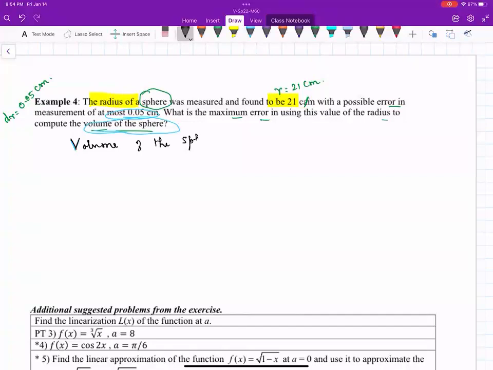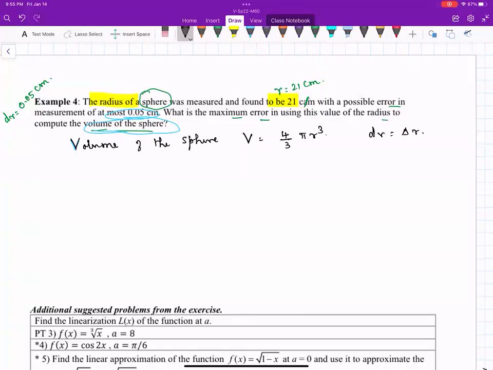Which is 4 by 3 pi r cube. Okay. We can actually assume that dr and delta r are the same here.